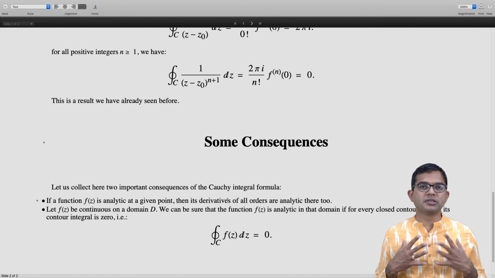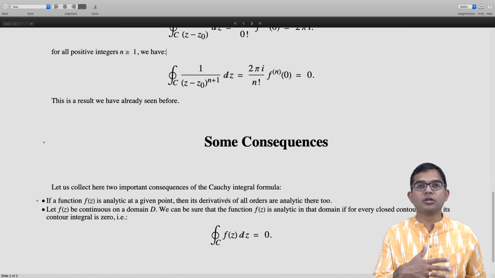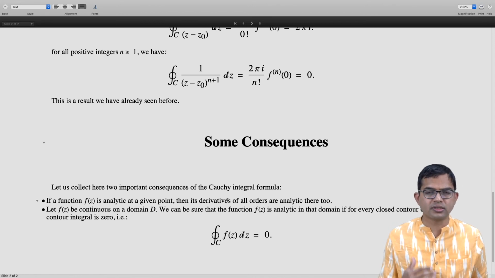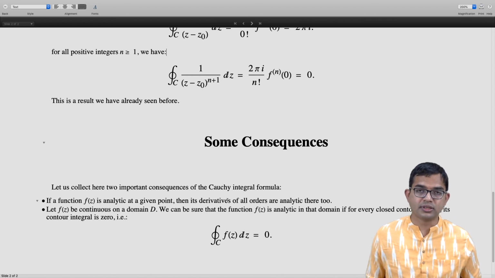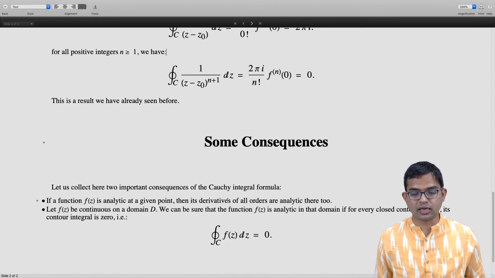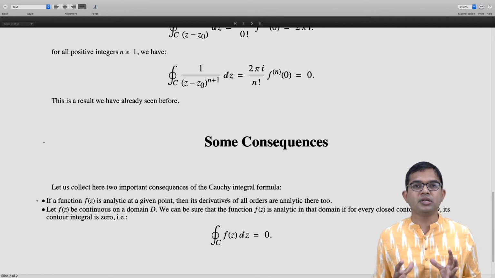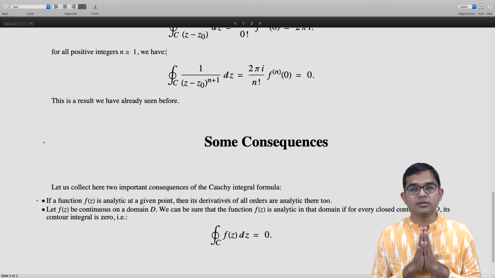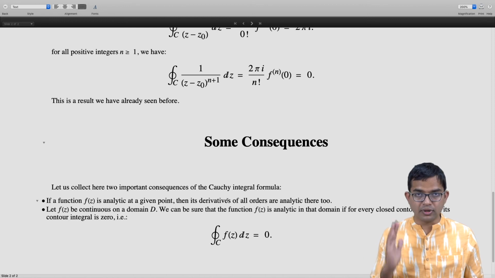So for our purposes, we want to look at analyticity and all its properties without necessarily going into any rigorous proofs as such. But for the integral formula, we did give a fairly convincing argument for how that comes about. But in general, the point is that if you have a function f of z which is analytic, it's going to be analytic in a region, and derivatives to all orders are immediately available, and all these derivatives are also analytic.